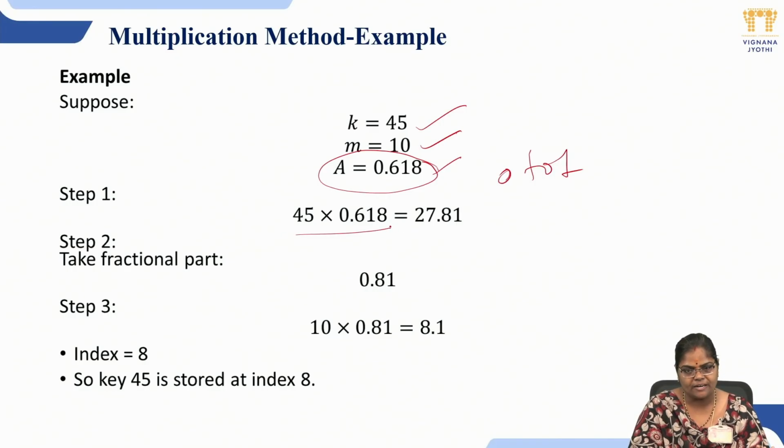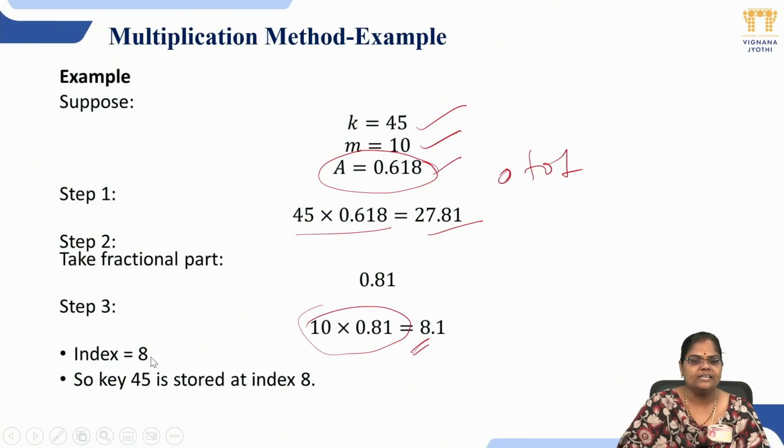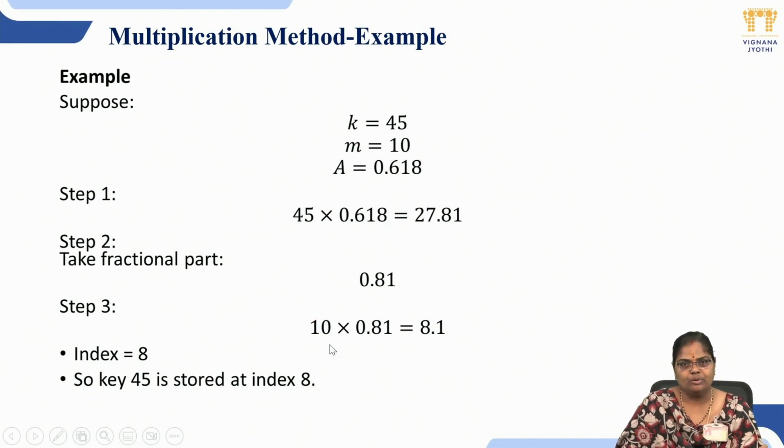So 45 multiplied with the constant gives you a value. Next, consider this value with your table size, that is m. Since we used a floor, we consider the index value as 8. So key 45 is stored at an index 8 as per the multiplication method.